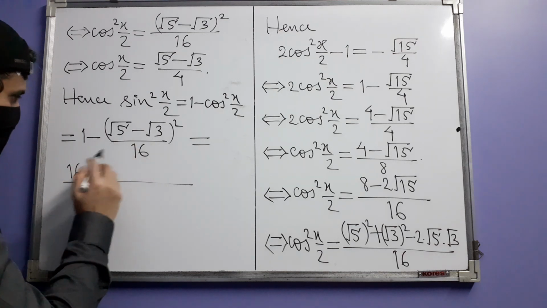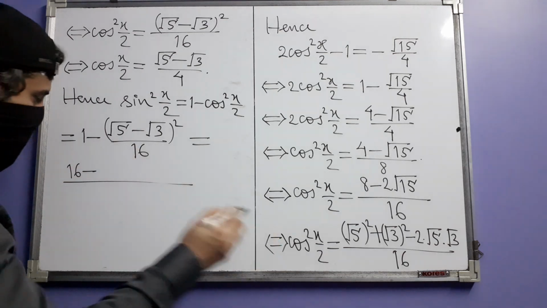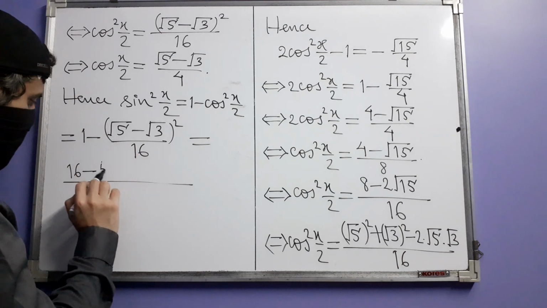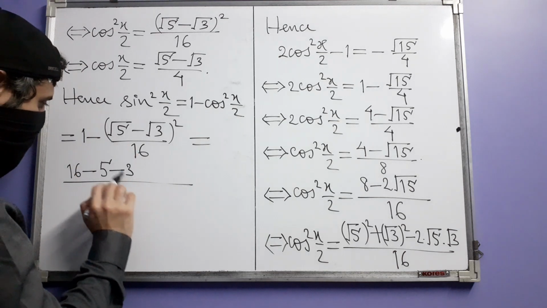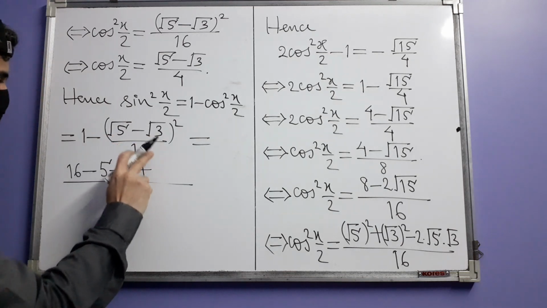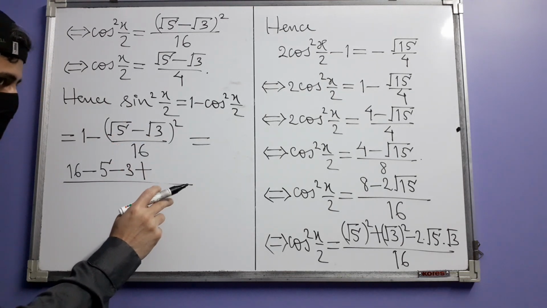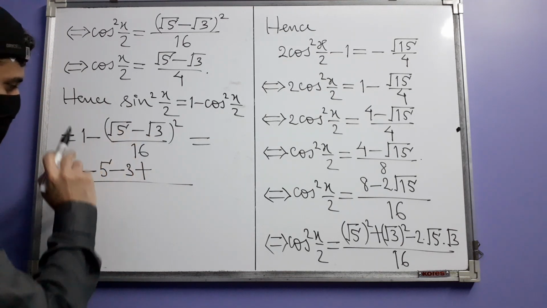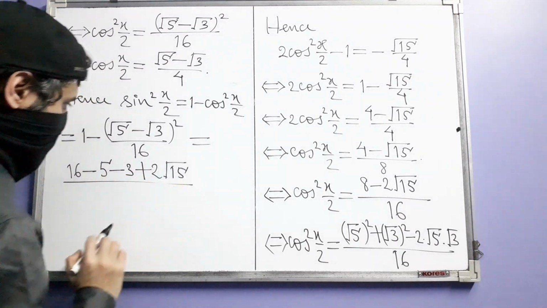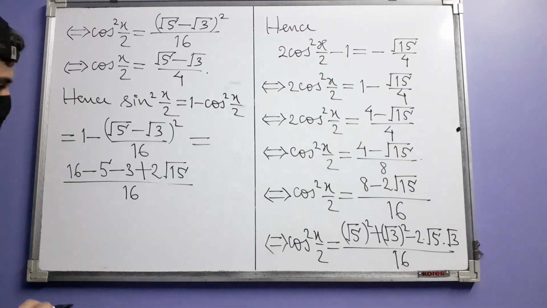So if I really expand and write everything, keeping this minus sign in mind, I will then have minus 5 minus 3, but plus, because if you expand this, the term having 2 will be a minus term. Minus times minus is plus. 2 root 15 divided by 16.